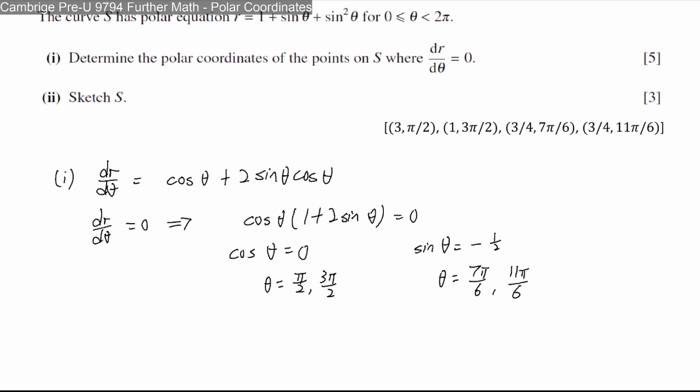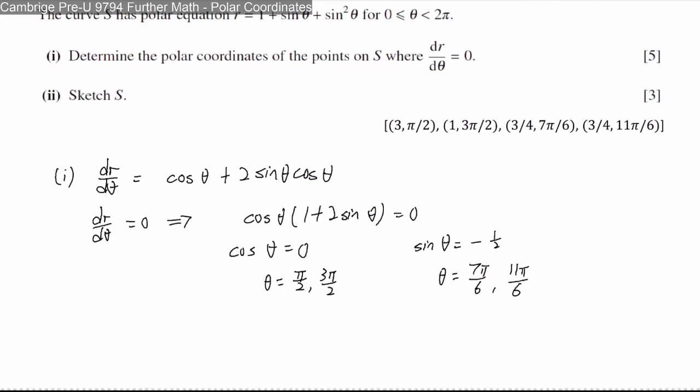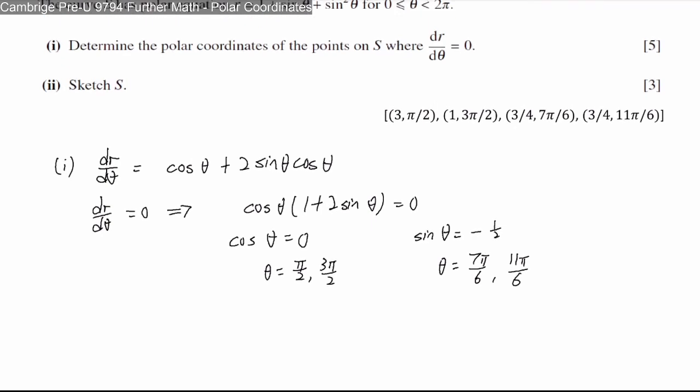Okay, we need to find the corresponding r in this case. When theta equals pi over 2, the r in this case is 1.